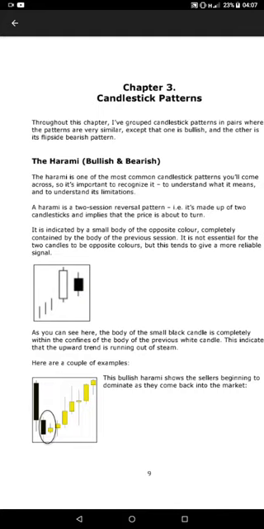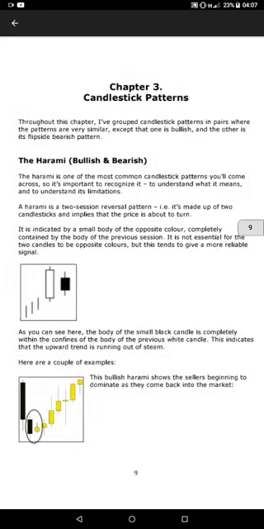A harami is a two-session reversal pattern. For example, it's made up of two candlesticks and implies that the price is about to turn.